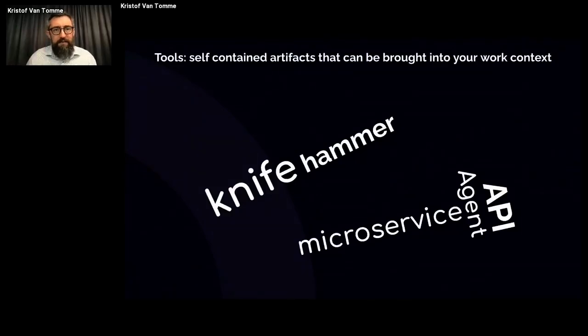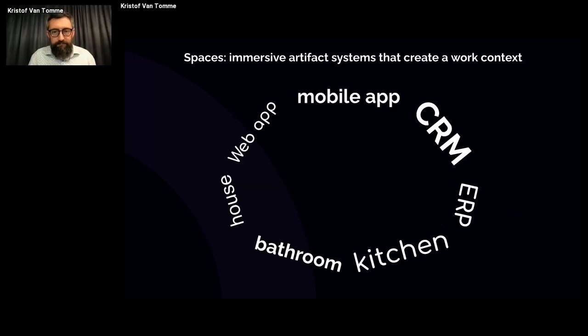The difference is that tools are self-contained artifacts that you can bring into a work context, like a knife or a hammer, or in the digital world, a microservice, an API, or an agent. When you bring them into your context, they change what you can do, but they don't fully immerse you into a context.